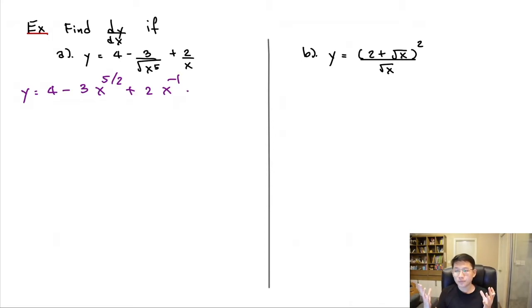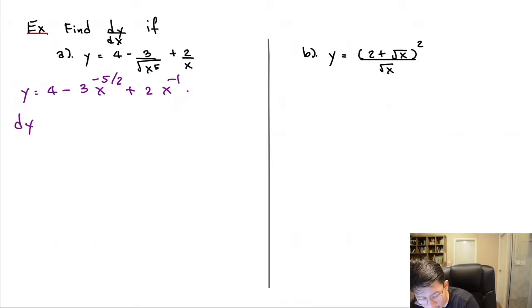As I told you, I love to push the things downstairs, upstairs, okay? Put things in the denominator into the numerator, okay? And if it has some roots, I'll just make it an exponent, okay? So the square root is x to the power of 5 divided by 2. Sorry, it's minus, because it's downstairs and you push it upstairs. So it must be minus. Okay? And then you differentiate.